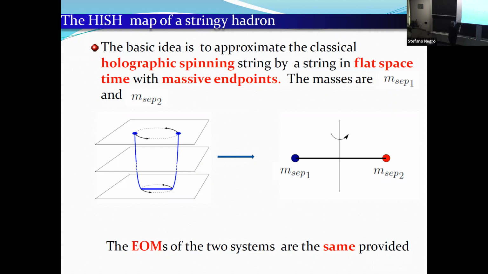Of course, it's just an approximation that one can split it in this way, but we can show that the equations of motion of this holographic system and of the system of a bosonic string with massive endpoints are the same, provided that we define these masses to be the action associated with the vertical segments.